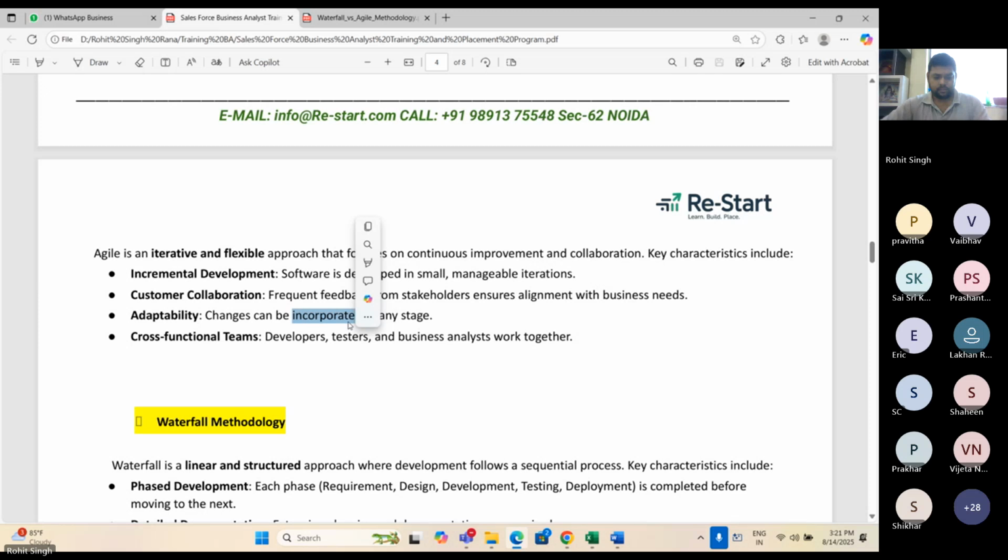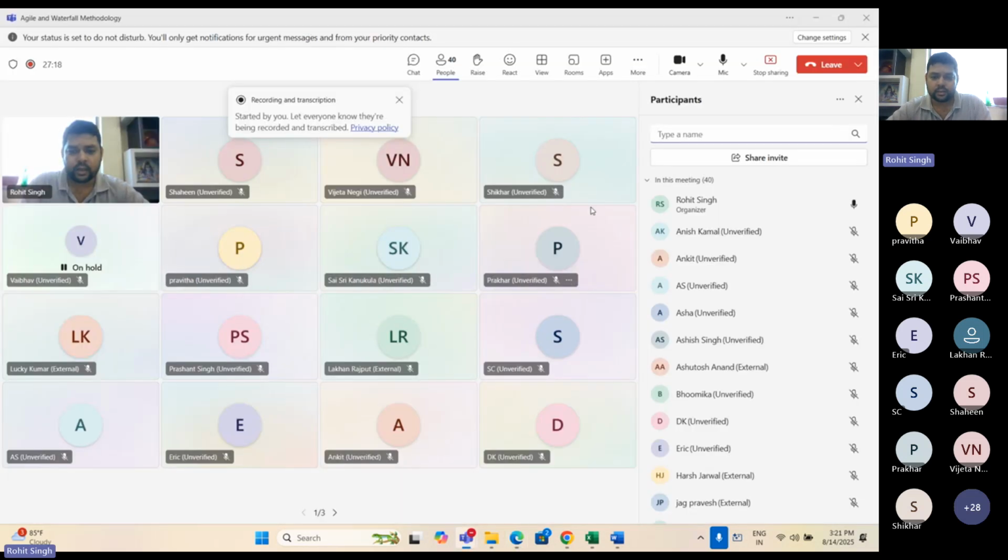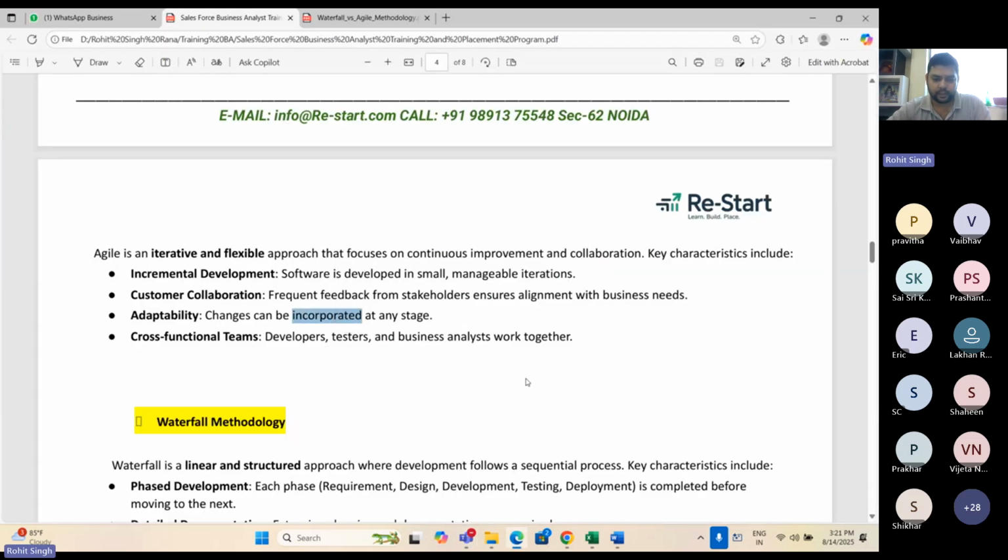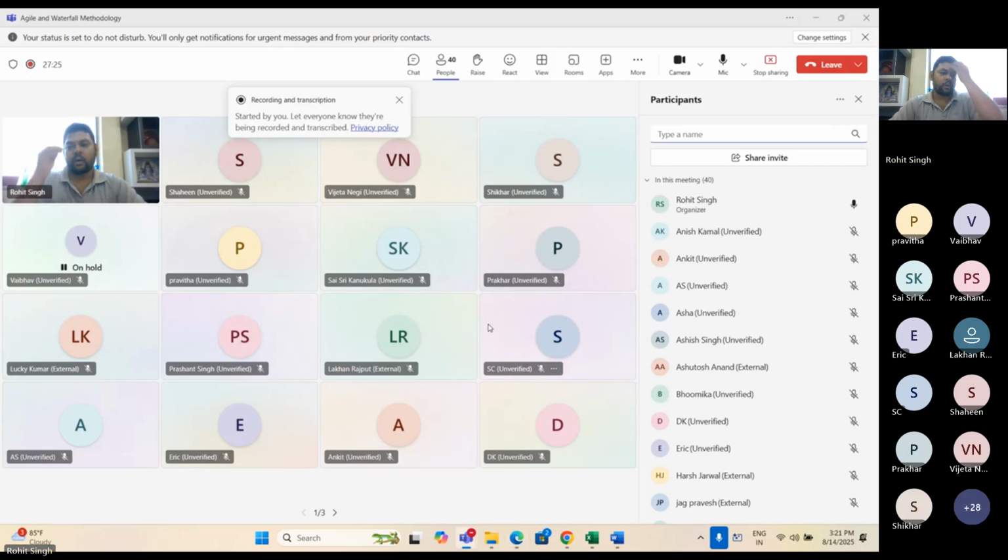Can anyone tell me what incorporate means? Let's say my document or my changes or my enhancement or my product has been incorporated. So what does this line mean? Incorporated would be a very important word during SDLC. Yes, guys, incorporated.